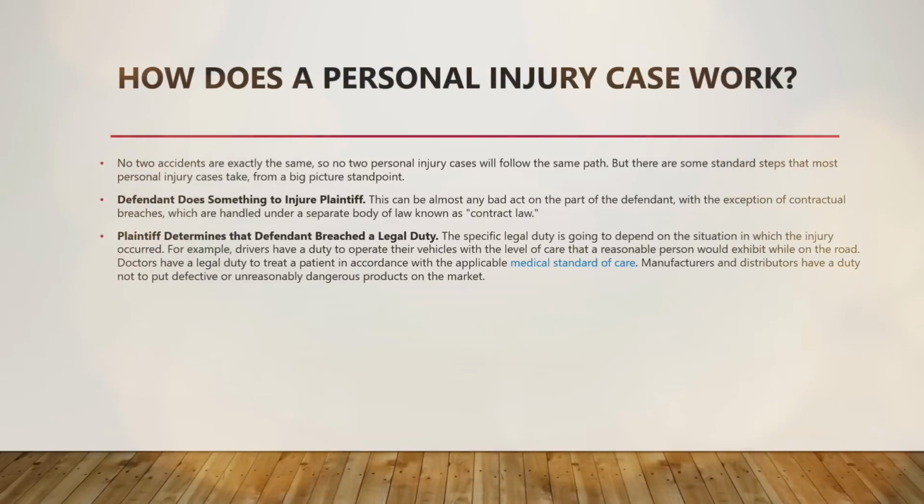First, the defendant does something to injure the plaintiff. This can be almost any bad act on the part of the defendant, with the exception of contractual breaches, which are handled under a separate body of law known as contract law.